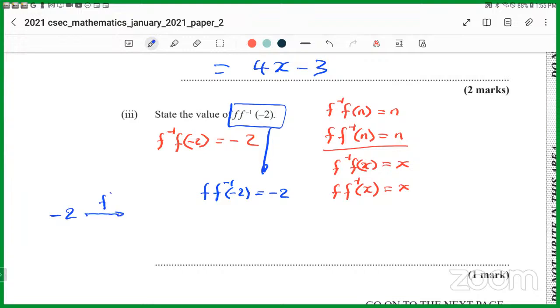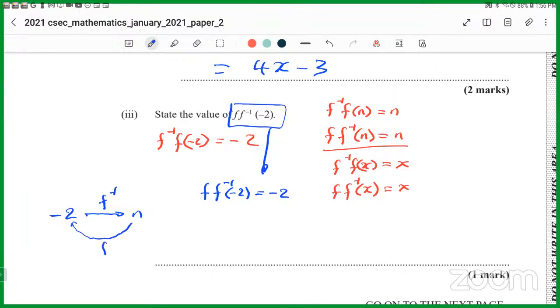So the inverse, f to the minus 1, takes it to some value n that we don't even need to know. So this part of it would work out to be n. And then you're taking the f and putting that on the n, and the f is going to reverse it.